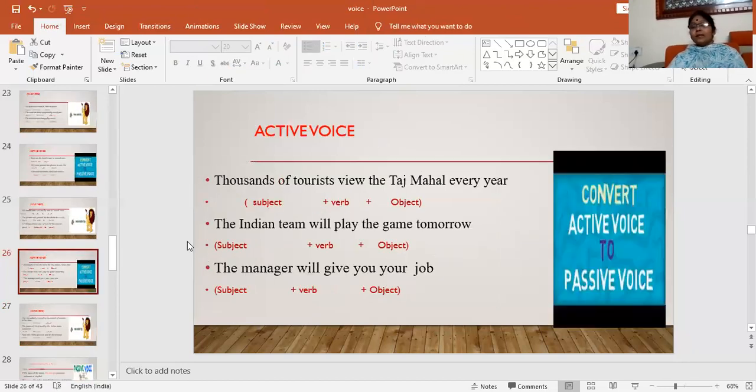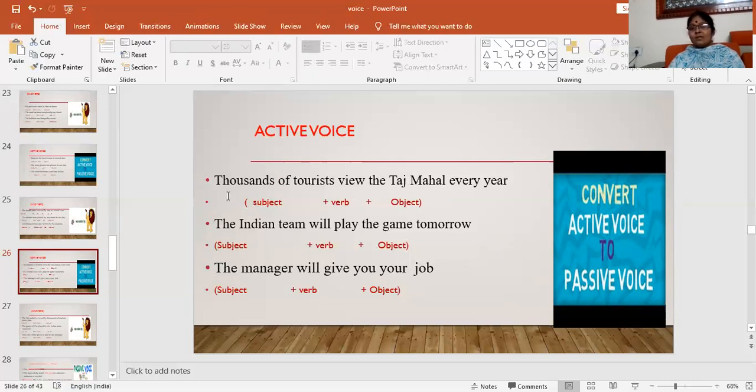Now, let us look at a little more complicated sentence. Take down this sentence. Thousands of tourists view the Taj Mahal every year. Now, which is our subject? Thousands of tourists. Which is our verb? View. Which is our object? Taj Mahal. Right? So, what do we have to do?